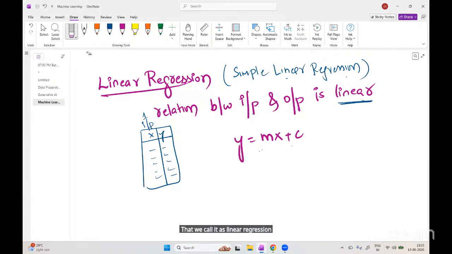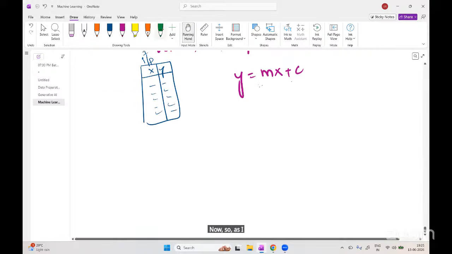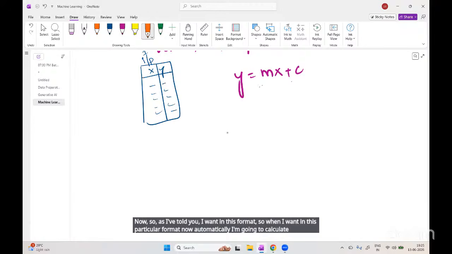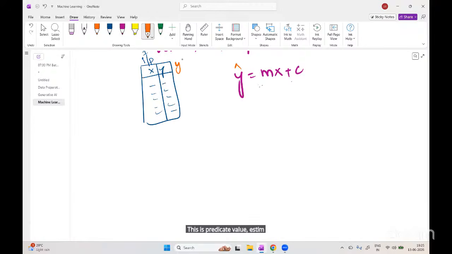Is the point clear? Linear regression means y = mx + c format. Now, as I've told you, I want it in this format. So when I want it in this particular format, automatically I'm going to calculate the least error. What is meant by least error? This is the predicted value or estimated value? Estimated value. What is the predicted original value?